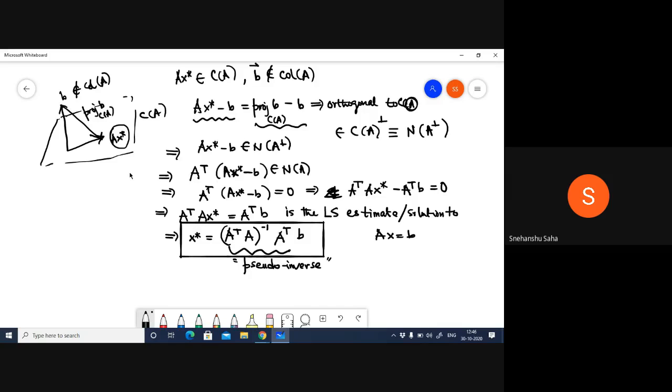Okay, so let's now go back to the problem. So what we will do is go back to the example where we had this thing, right? We had, if you recall, let me write it here, 2x minus y equal to 2, x plus 2y equal to 1, and x plus y equal to 4. Okay, and so we have the coefficient matrix.